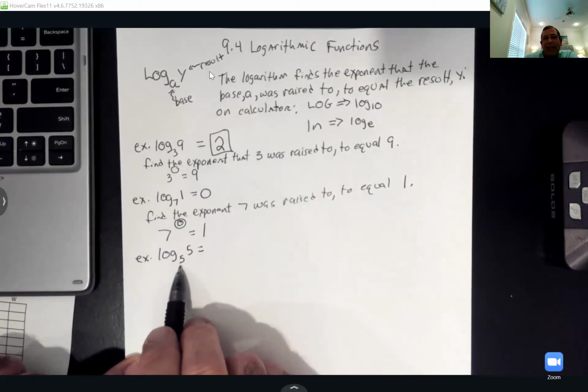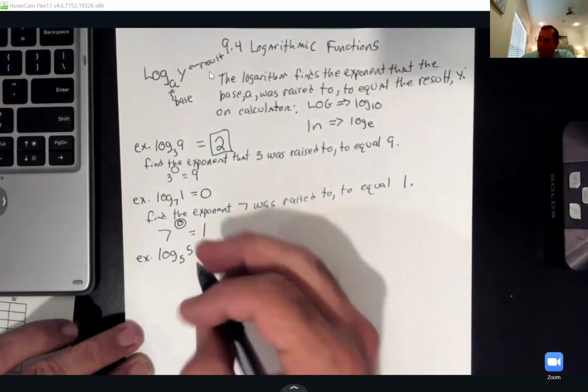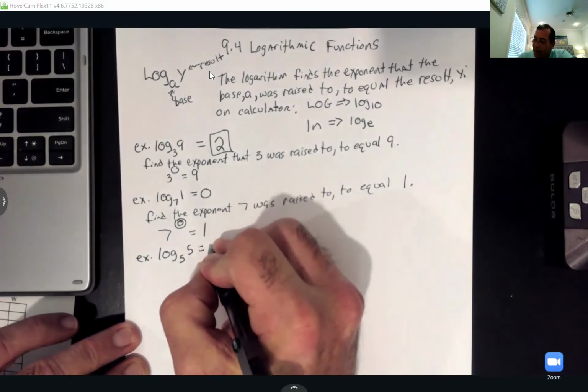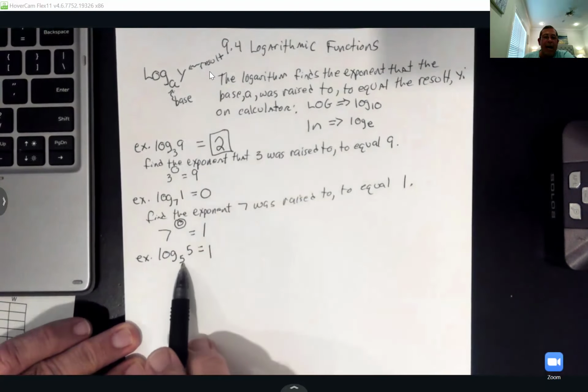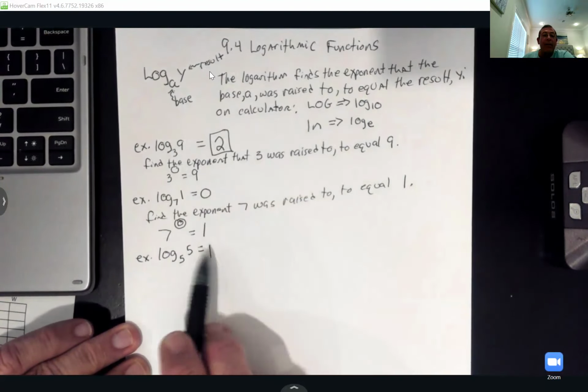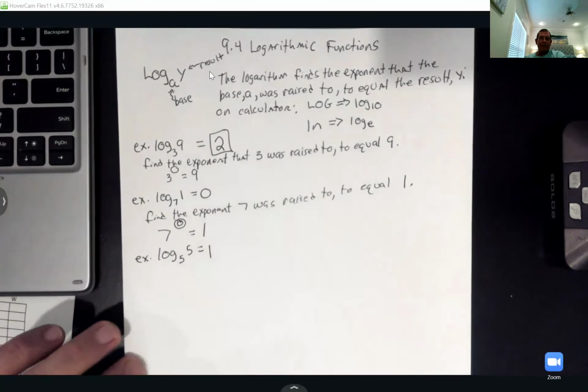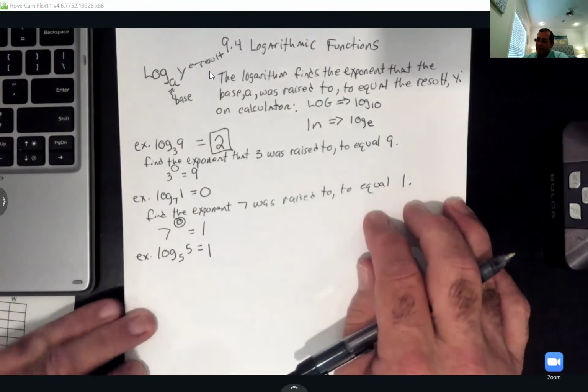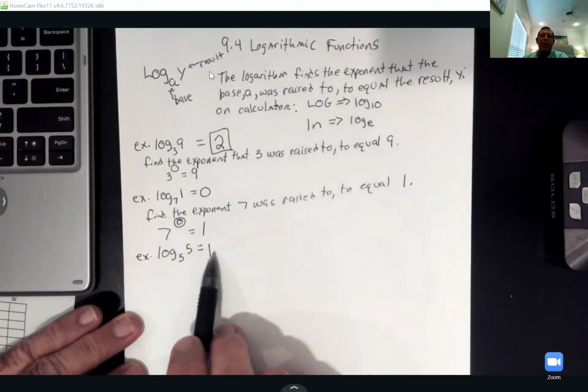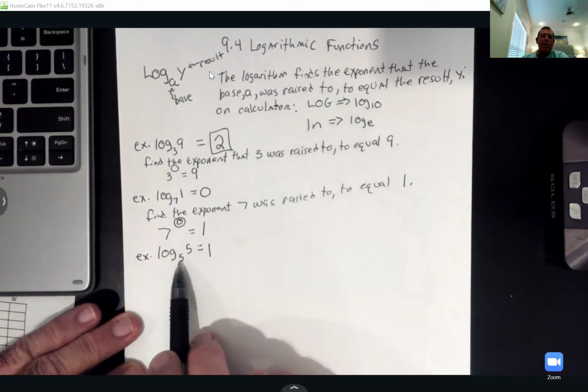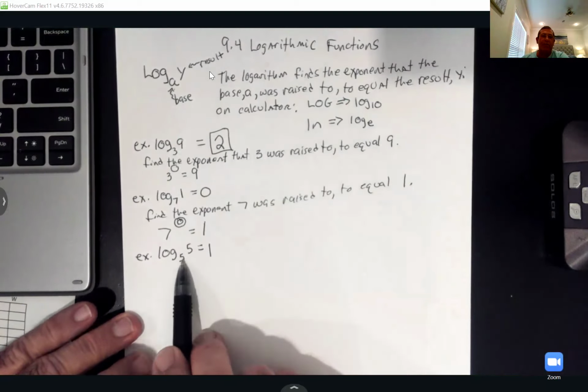So if the base matches the result, then that exponent would be a 1, because 5 to the first equals 5. Okay. So just remember, we're looking for the exponents that this base was raised to.